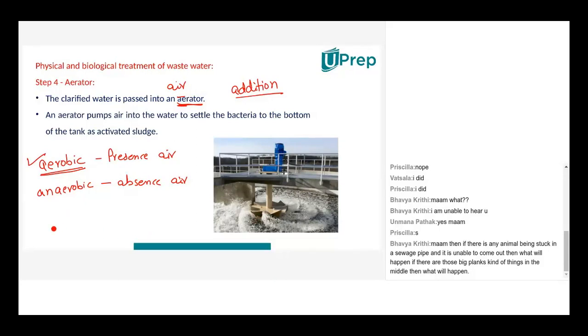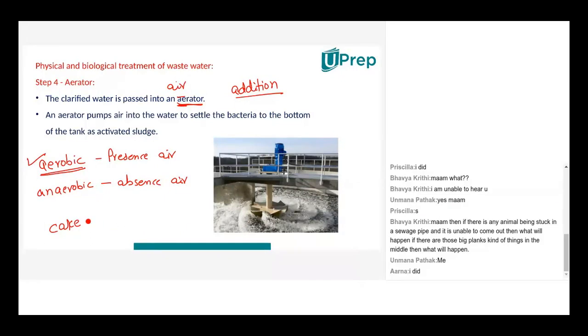Right? Now tell me, how many of you have baked a cake at home? While making the cake, she adds a lot of air. How does she add air to the batter? She makes the batter first, no? With egg and flour and everything. So she adds air by continuously whisking it with a whisk or with a fork or with a beater machine, right?